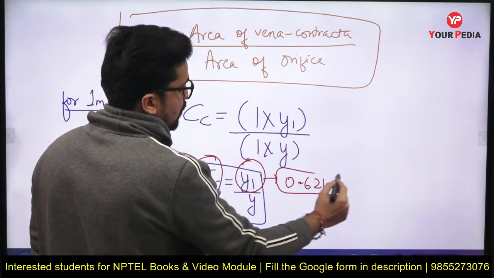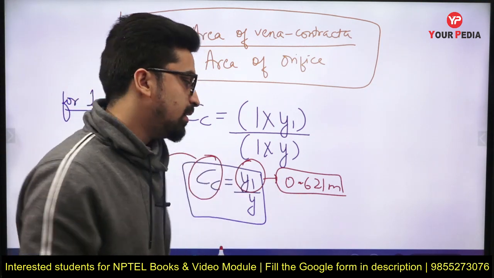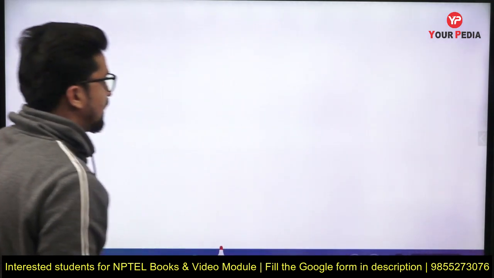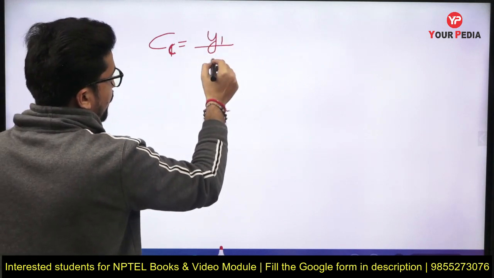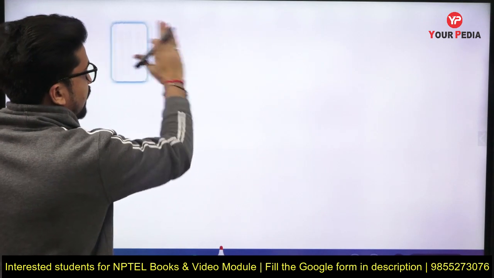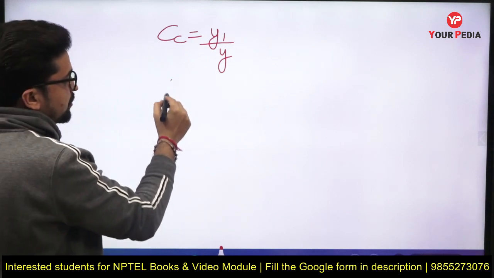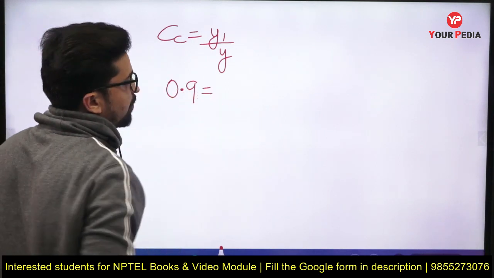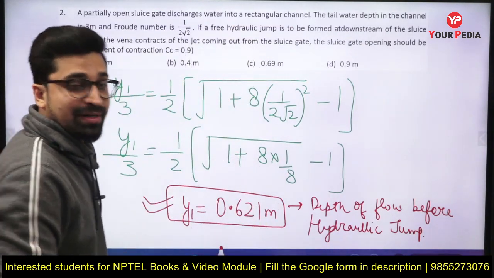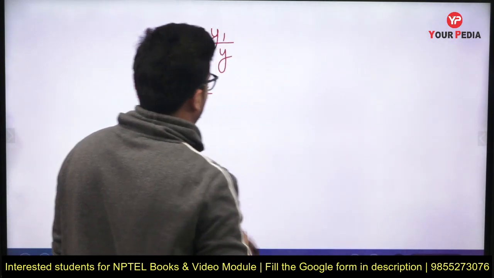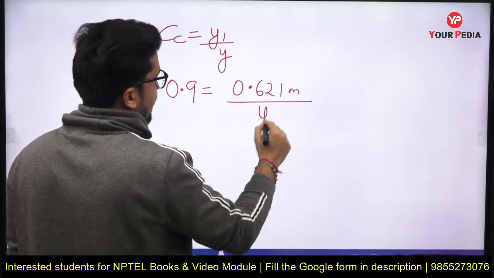In this relation we know that Cc is given to us as 0.9 and y1 we have just calculated as 0.621 meters. So from this we can easily calculate the depth of flow below the sluice gate. Let us substitute these values: Cc is equal to y1 upon y, and Cc is mentioned in the question as 0.9. Y1 is 0.621 meters upon y, which we need to calculate.